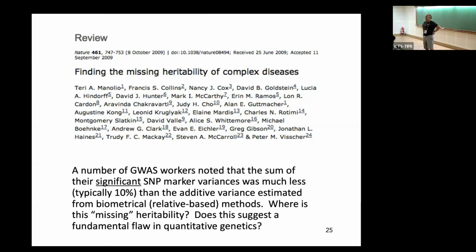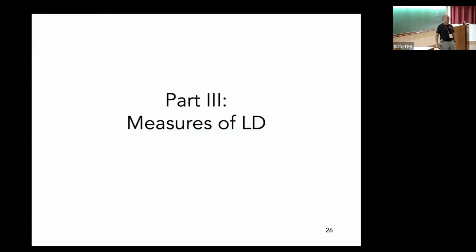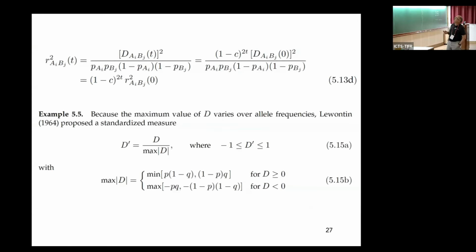The heritability was missing, and it caused a lot of consternation about a fundamental flaw in quantitative genetics. And as we'll see, nothing's farther from the truth. But that's the tease. We're going to flesh out that story, but to do so, we have to talk about LD. So I'll give you an exciting mystery to keep you through LD.